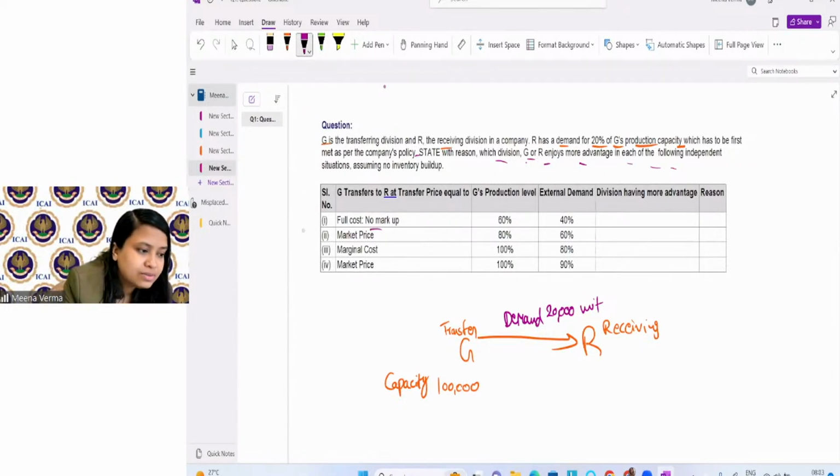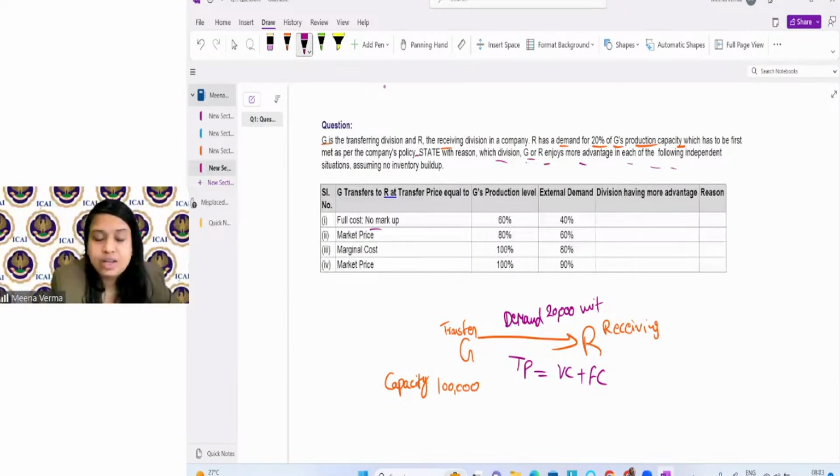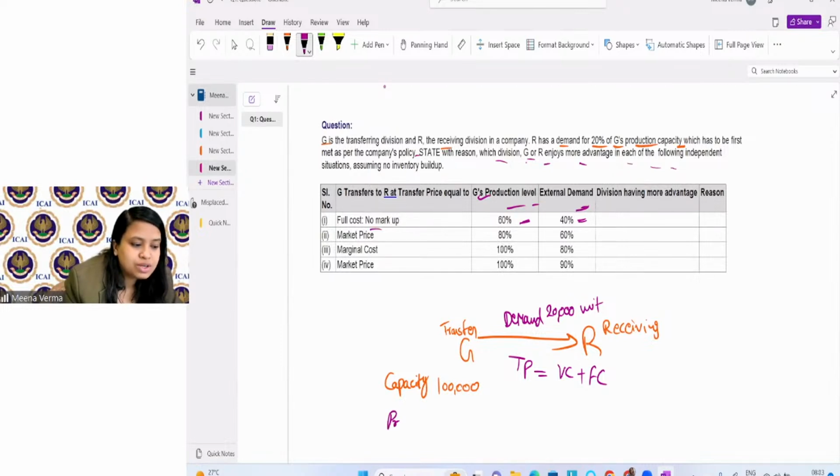First, the transfer pricing is full cost, that means variable cost plus fixed cost. Now, G's production capacity utilization is 60% and external demand is 40%. So they are producing 60,000 units.